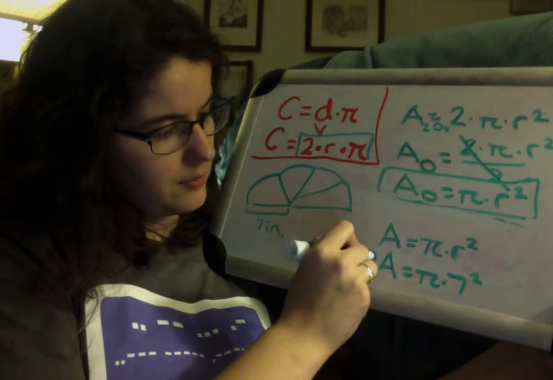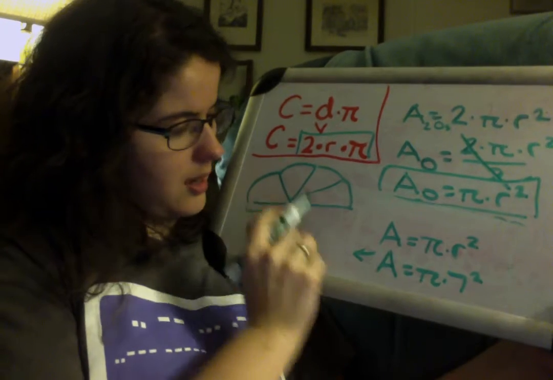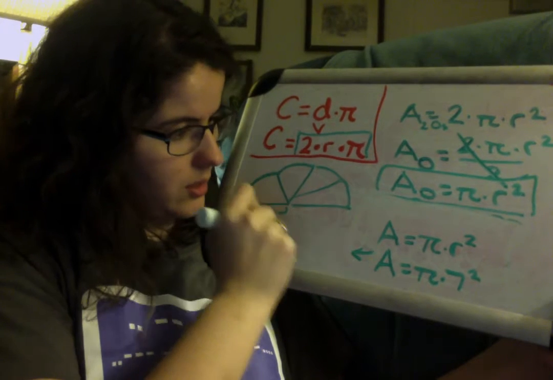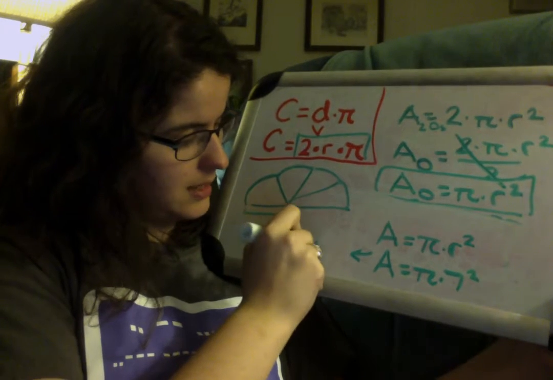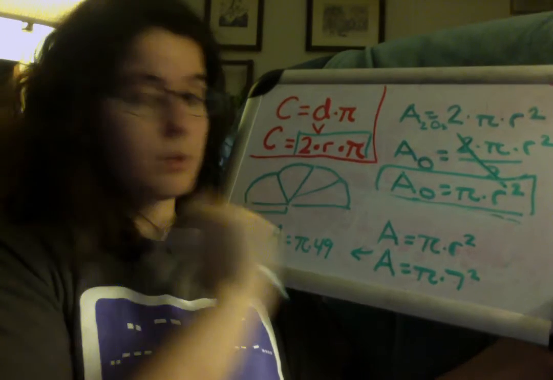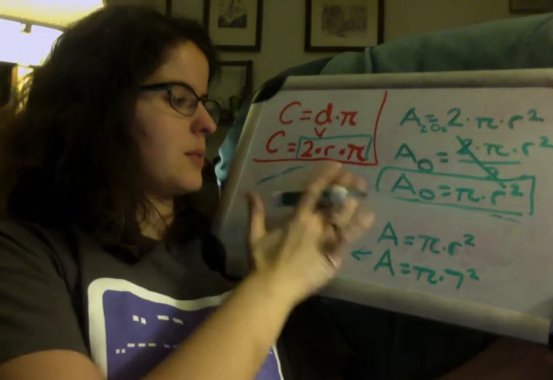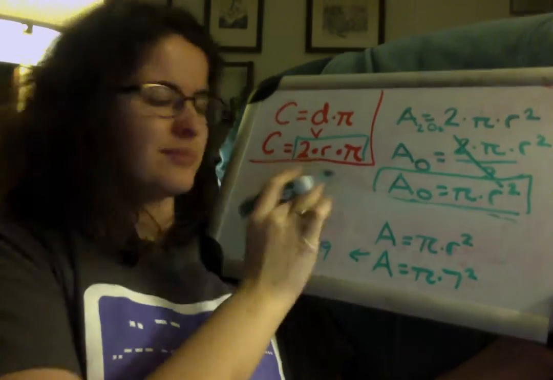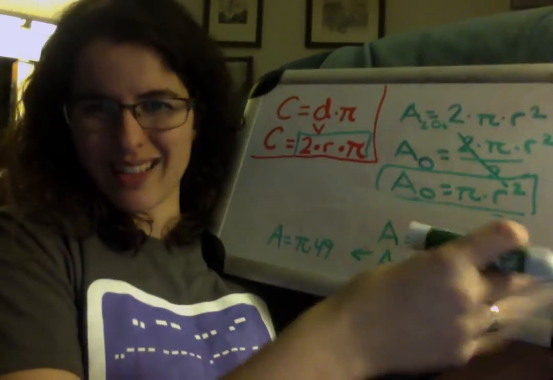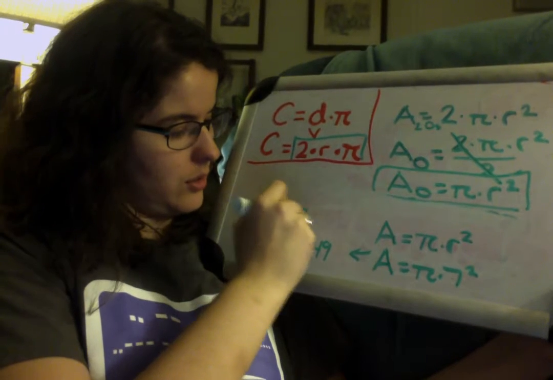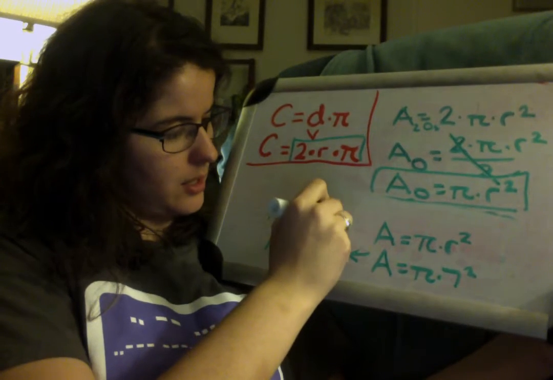Looking at that, I know that 7 squared is going to be 49. So I have pi times 49, which would be an exact answer. But if I wanted to approximate, since pi times 49 doesn't really feel like I know exactly how much that would be yet, I could say that's approximately equal to 3.14 times 49.